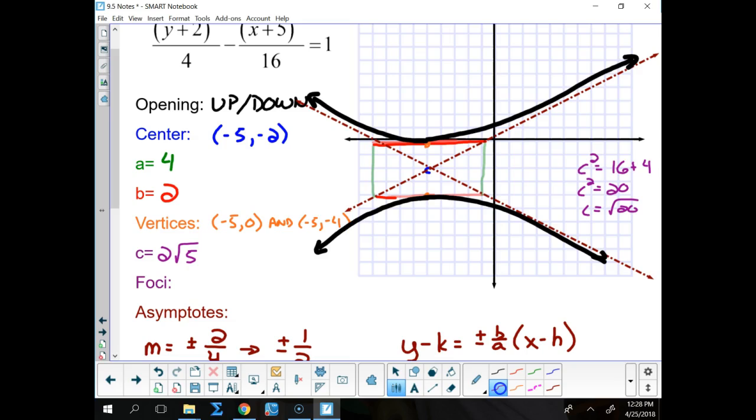Because they're vertical, we add and subtract them to the y part of the center. So the foci then would be at negative 5, comma, negative 2 plus or minus 2 square roots of 5. That's pretty neat. Good? Okay.